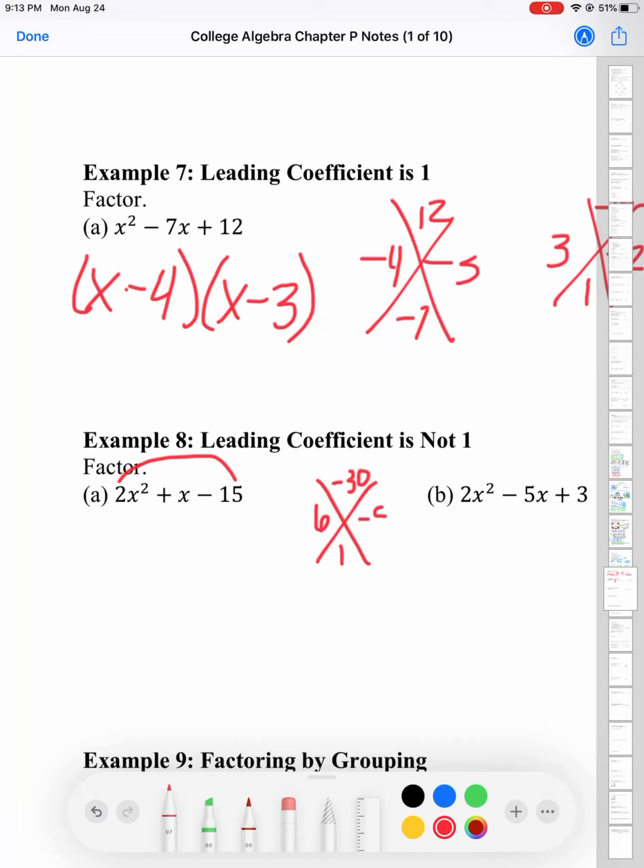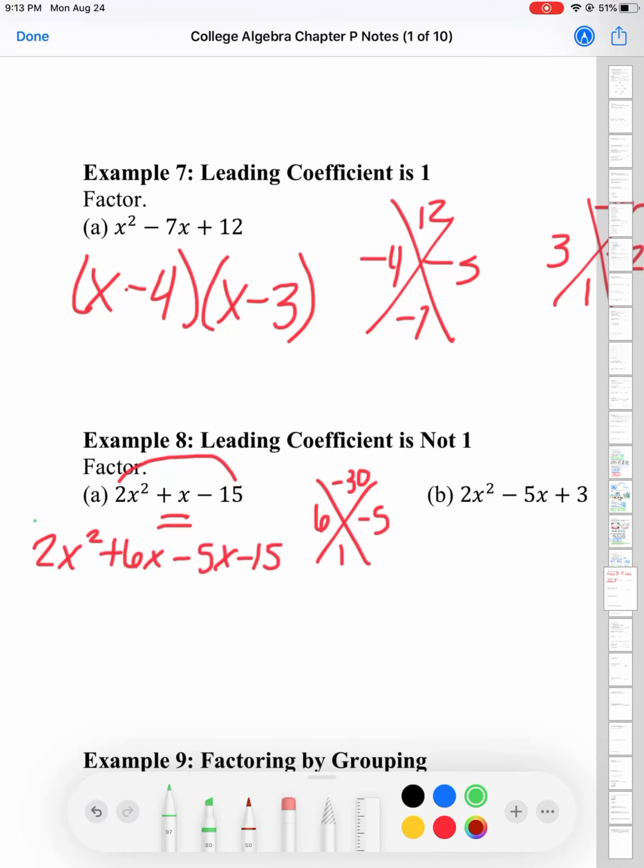And I'm like, okay, 6 and -5 multiply to -30, but add to +1. So I'm going to rewrite x using a 6 and a -5. So I rewrite it as 2x squared plus 6x minus 5x minus 15. And remember, I'm going to group these.